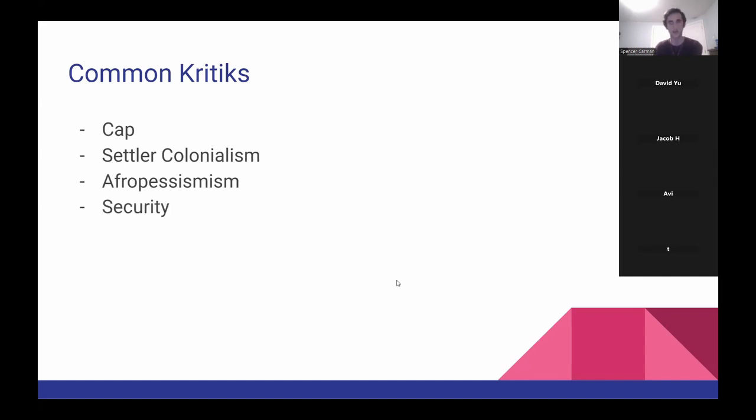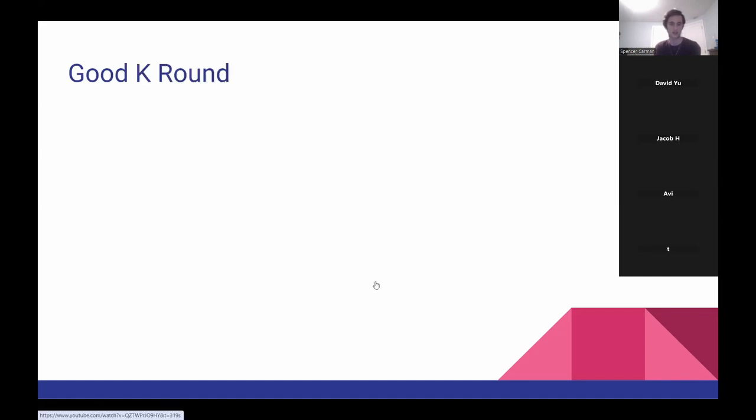And then the security K, which isn't actually read that much in PF, but it's one of the most common Ks, or most stock Ks just in general, and in policy and LD. So I think these are the top four Ks that are most commonly read and discussed in PF.